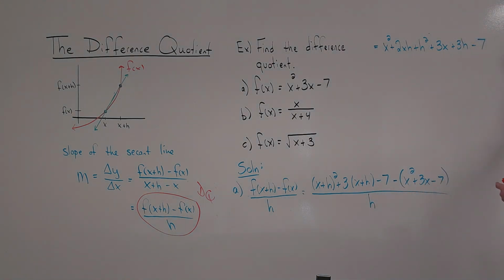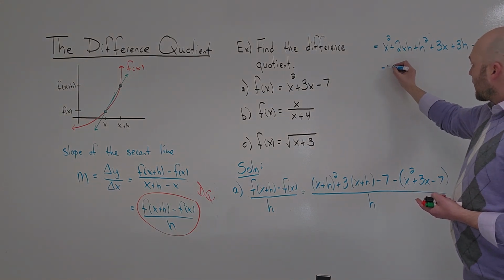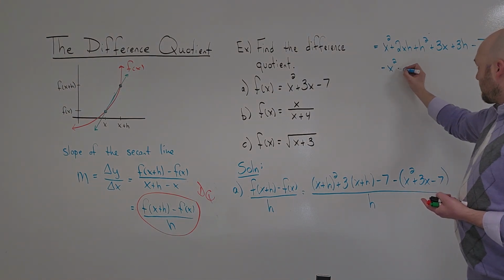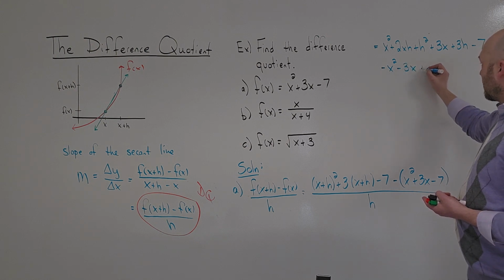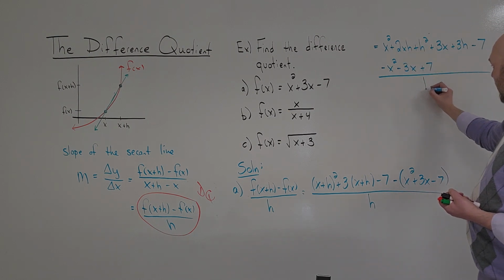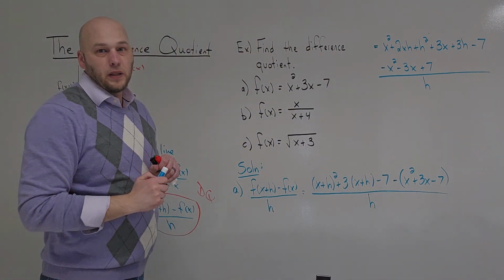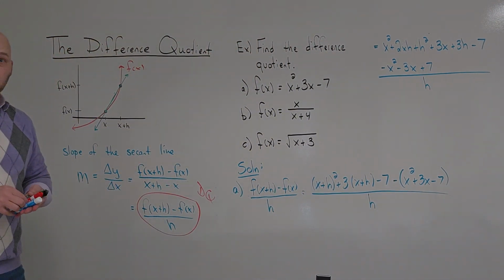I'll put this down below, but this is still all part of the numerator. Then I would have minus x squared minus 3x plus 7. And those two lines incorporate the numerator, and then that's all divided by h. I expand it as much as I possibly can, and then I'll see what I can cancel.